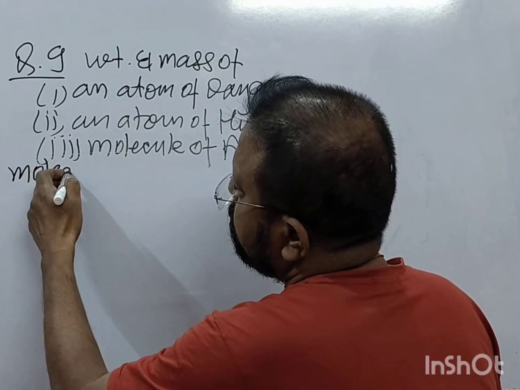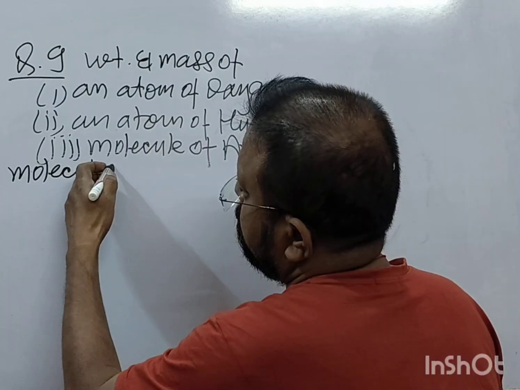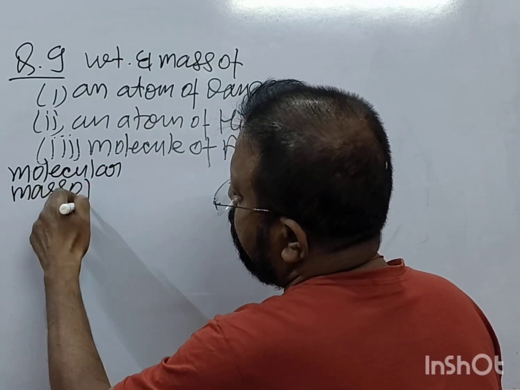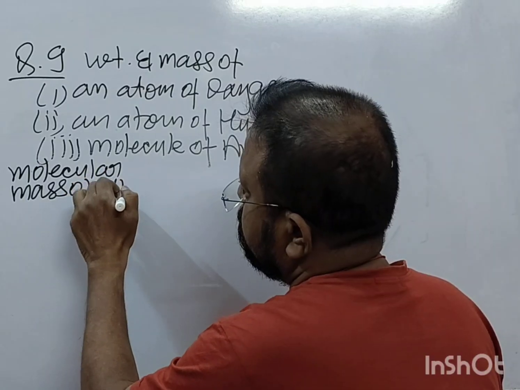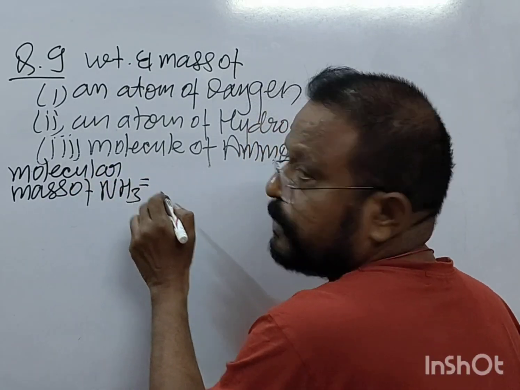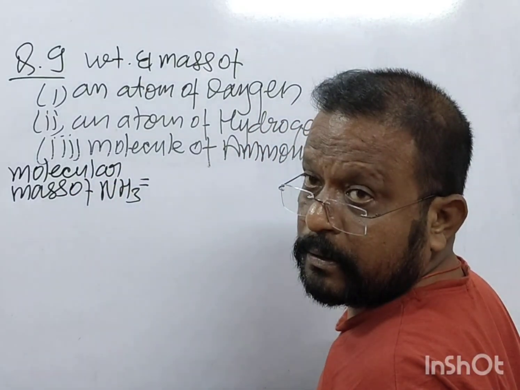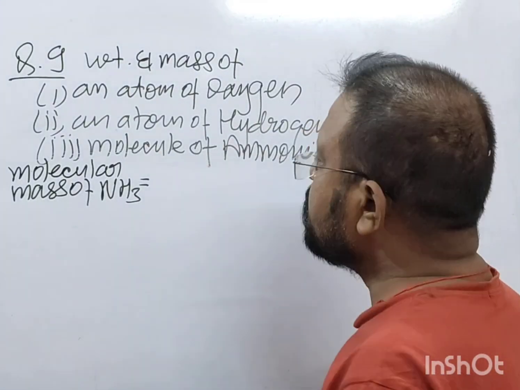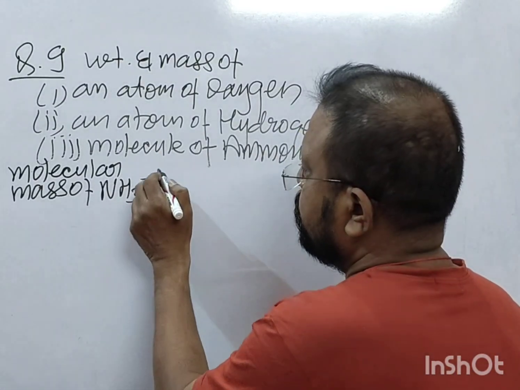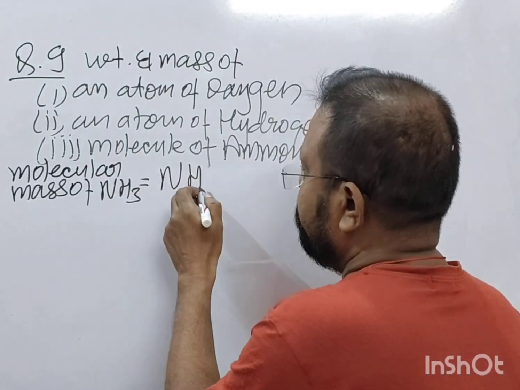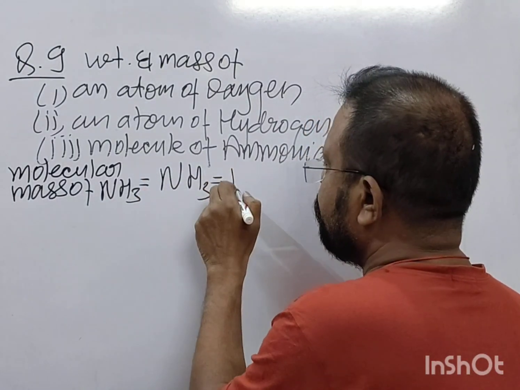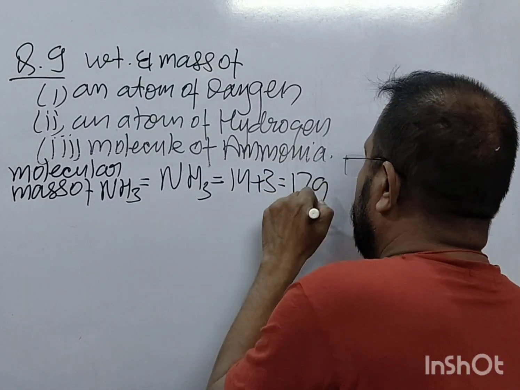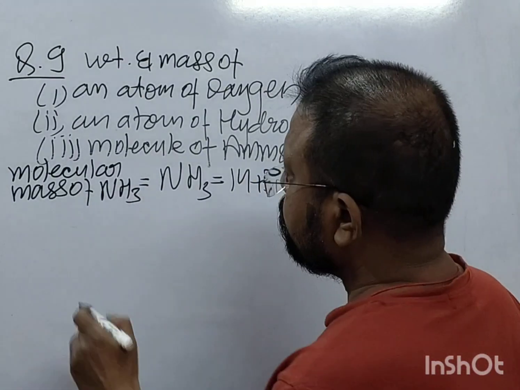The molecular mass of ammonia is asked, right? The molecular mass of ammonia is how much? NH3. So N is 14 plus 3, 17 gram.